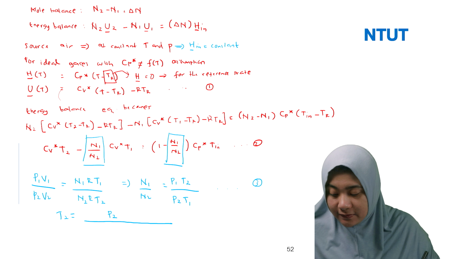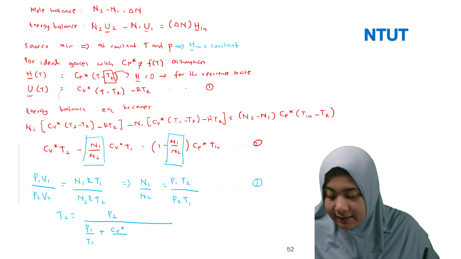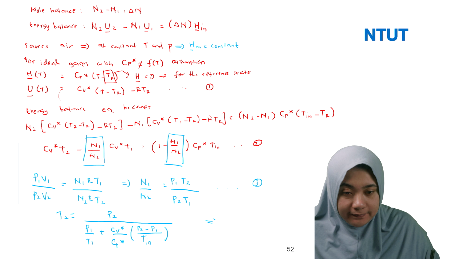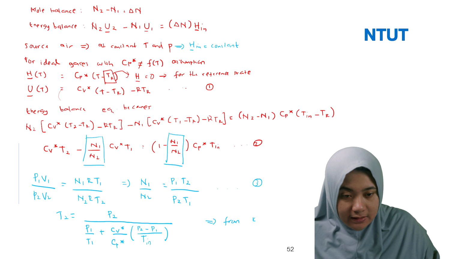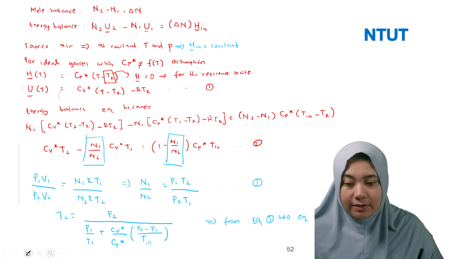So this is P2, P1 divided by T1 plus Cv asterisk divided by Cp asterisk, and then you will get P2 minus P1 divided by T in, temperature in. So this is normally from equation 3 into equation 2.